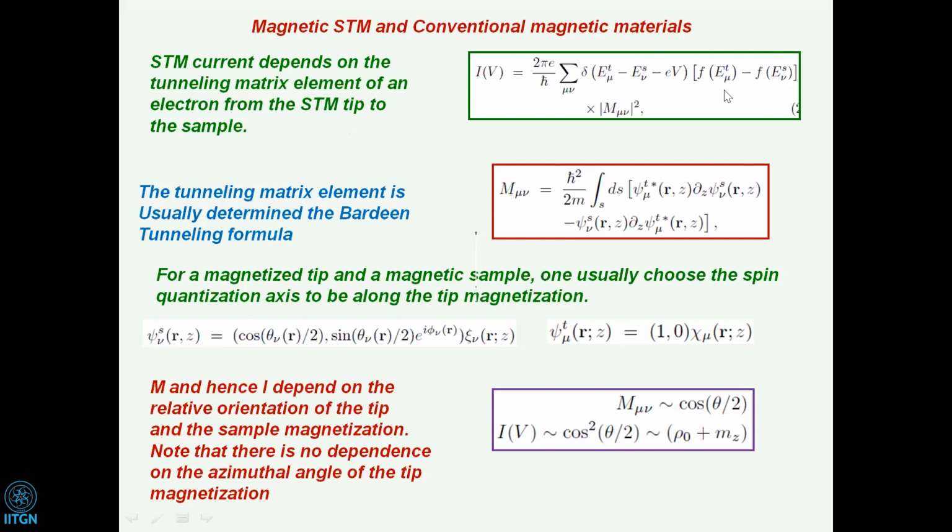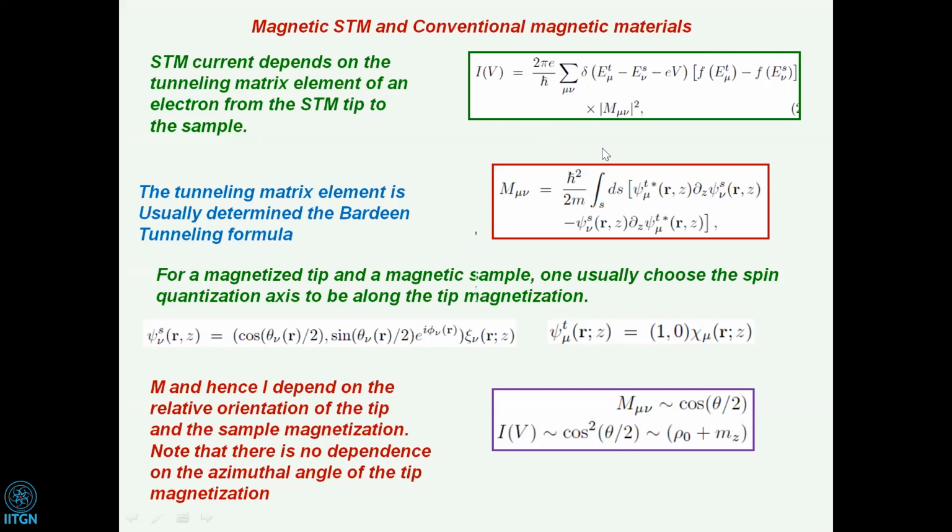If you are injecting an electron from the tip to the surface electron corresponding to a given eigenstate mu, you have to have an electron occupying the state in the tip, and you have to have an empty state at mu. Unless this is there, you cannot really inject the electron from the tip to the surface. So there is a Fermi factor which ensures that, and then there is a matrix element.